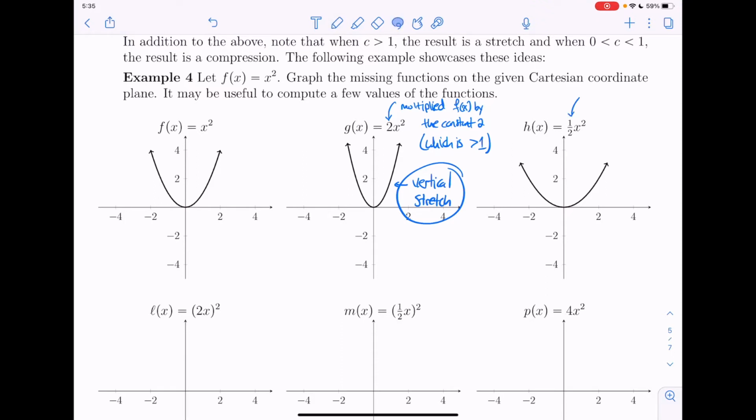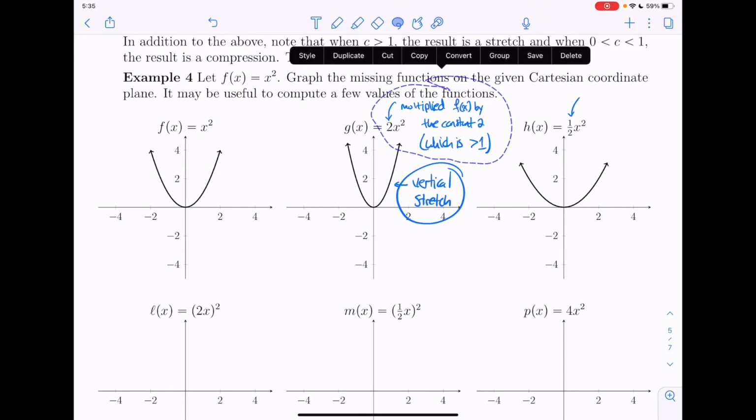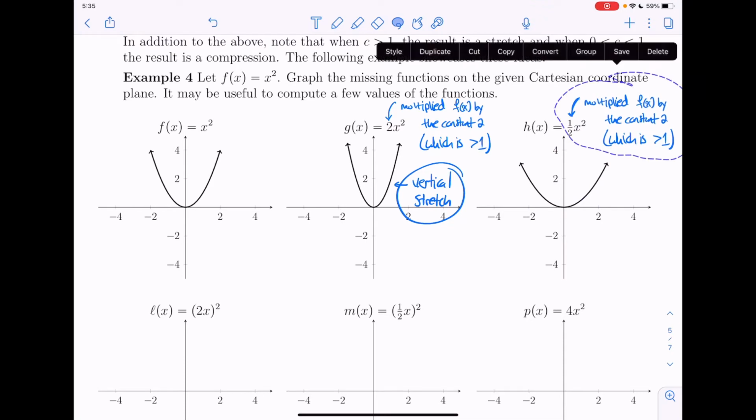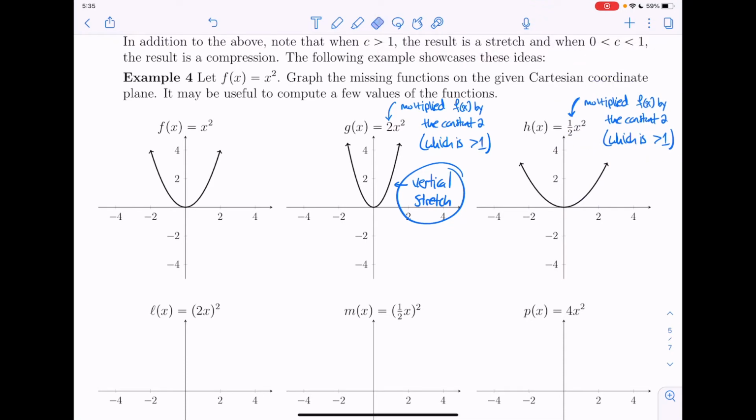So here, it's the exact same observation, except now I multiplied by not 2, but 1/2, which is less than 1. And you can see it has the opposite impact. I've taken my smiley face and I squished it or compressed it vertically. So this is what we call a vertical compression.